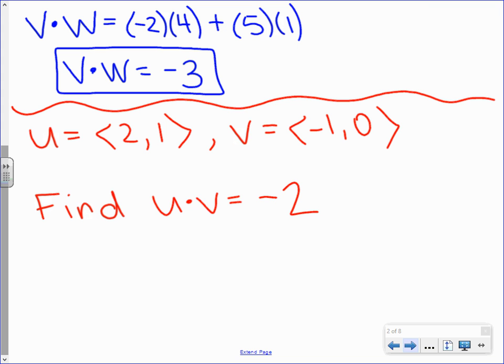Same answer. Okay, what does it mean if u dot v and v dot u would be the same? What's that property? Ah, yeah, the commutative property. Okay, it doesn't matter the order because we're still multiplying the horizontal components and we're still multiplying the vertical components and adding them together. Okay, so it doesn't matter the order.